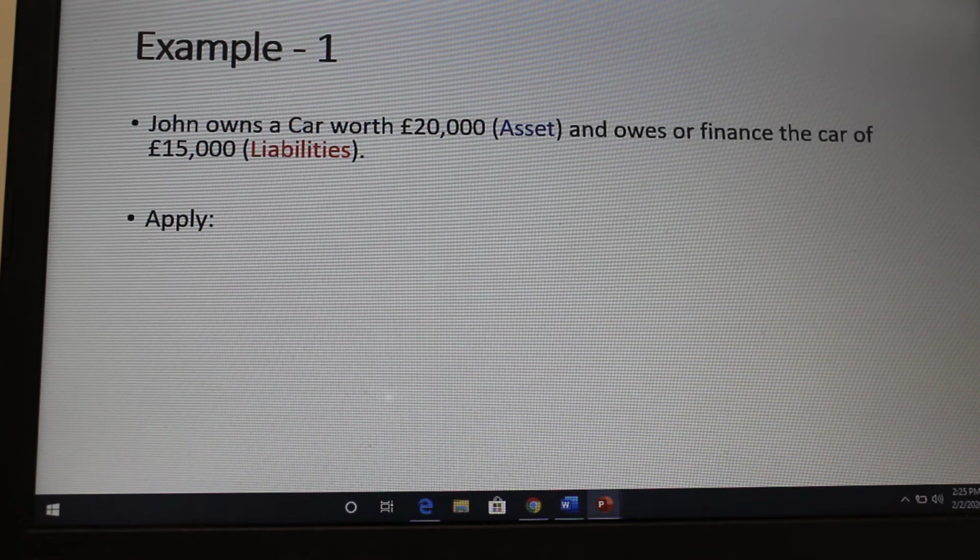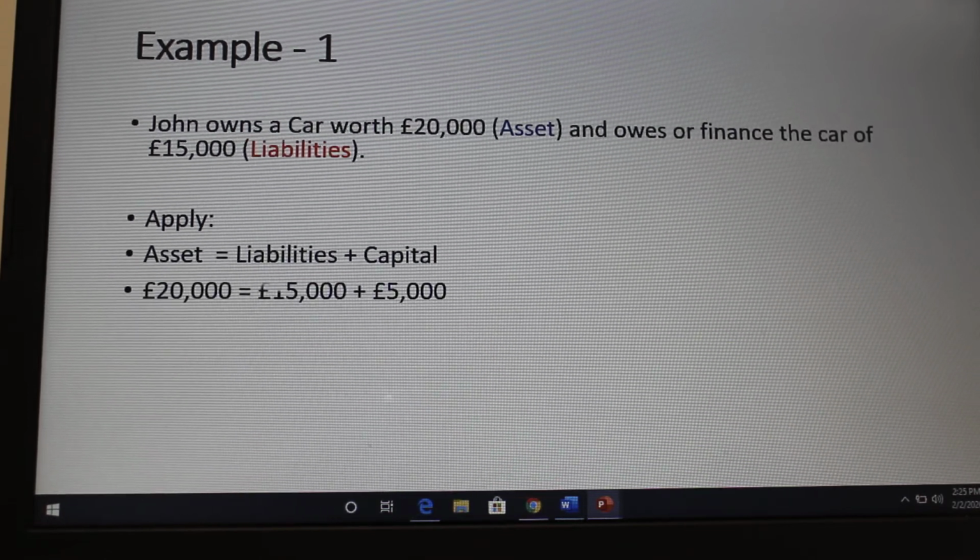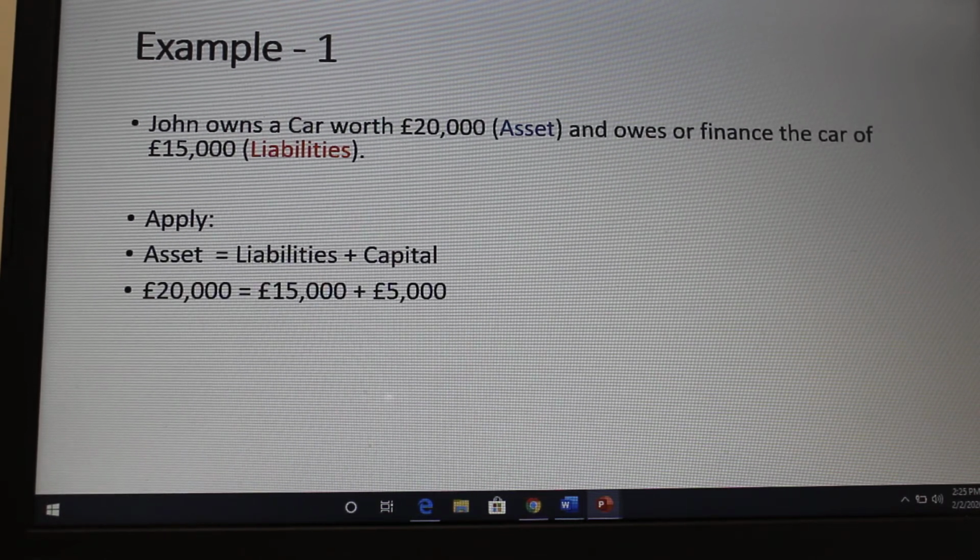Now let's try to apply the principle here. So the asset is 20,000. The liability, which is the debt element, is 15,000. Therefore, by default, to balance the equation, we would have 15,000 plus 5,000 altogether gives us 20,000.